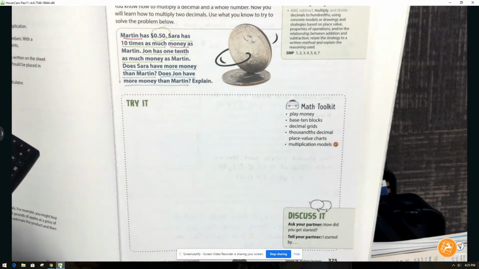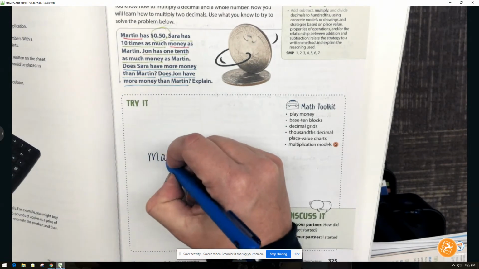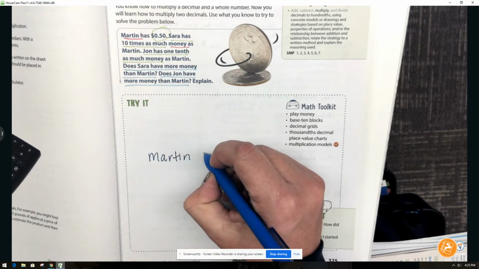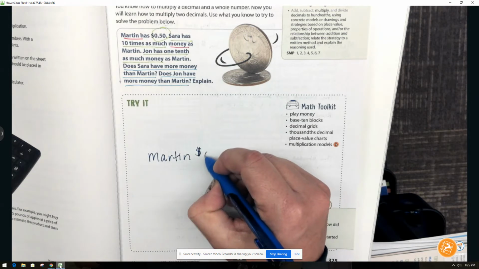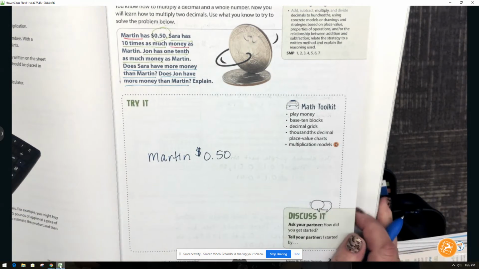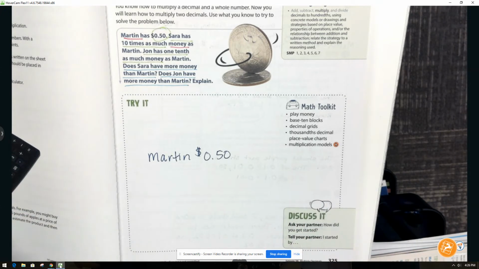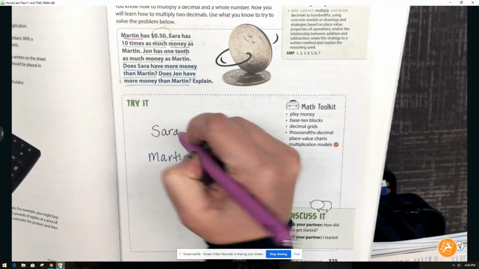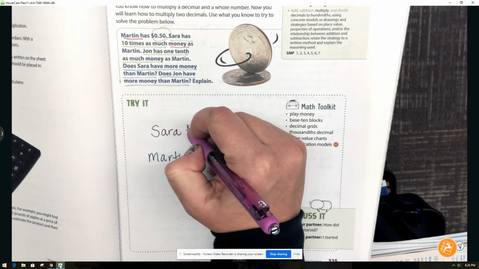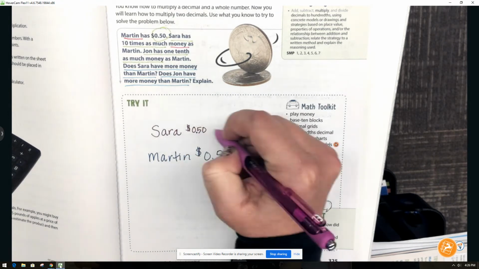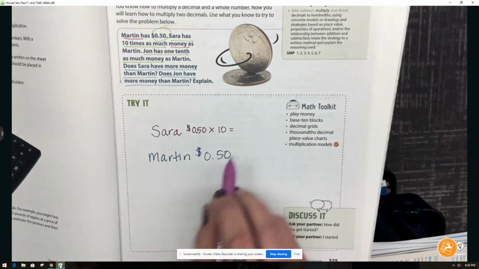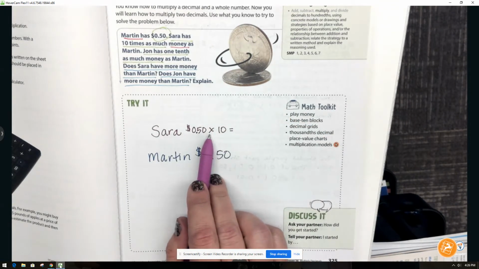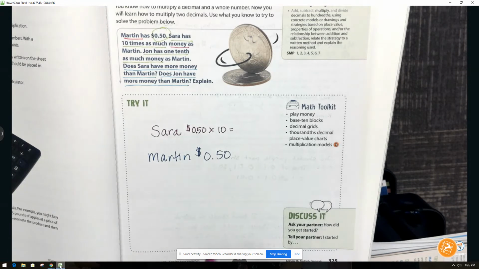So I'm going to put Martin here in the middle. Martin has 50 cents. Now we know that Sarah has 10 times as much money as Martin. So Sarah has 50 cents times 10 because she has 10 times more than Martin does.